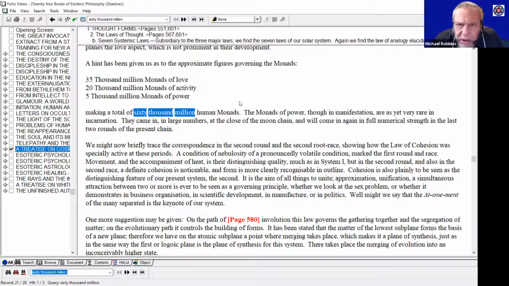They came in large numbers at the close of the moon chain and will come in again in full numerical strength in the last two rounds of the present chain. So in this particular case, he really does seem to be speaking of the monads associated with our particular planetary scheme.